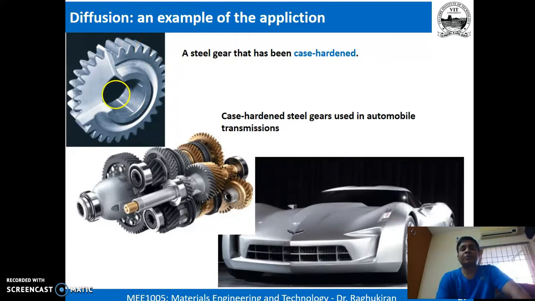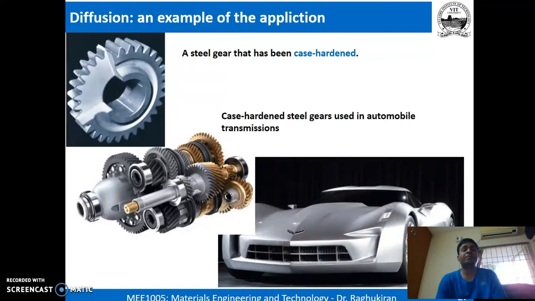Unfortunately, if you make this gear wheel with a material of very high hardness, it may fail in a brittle manner, or abruptly, broken into pieces, because once you apply load, it may suddenly break at one point.